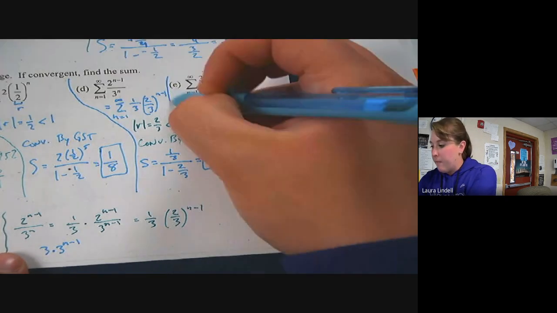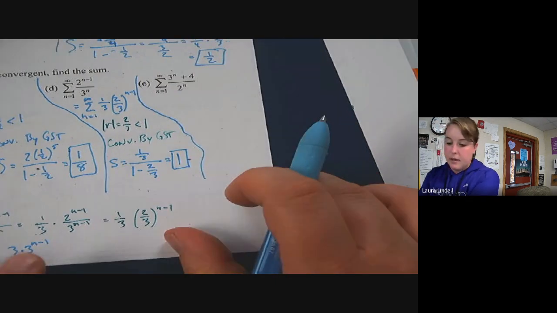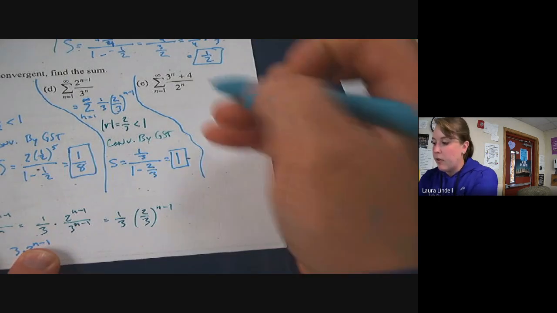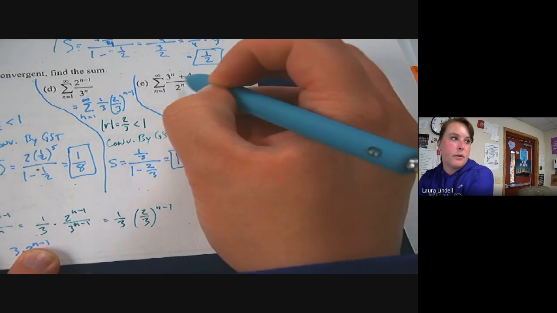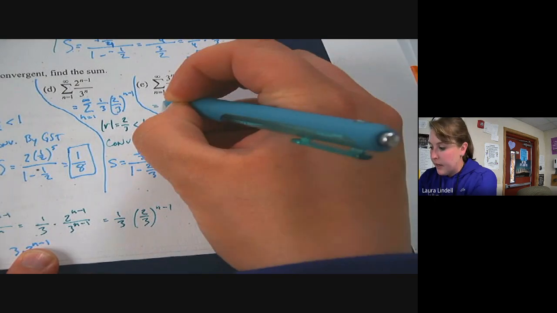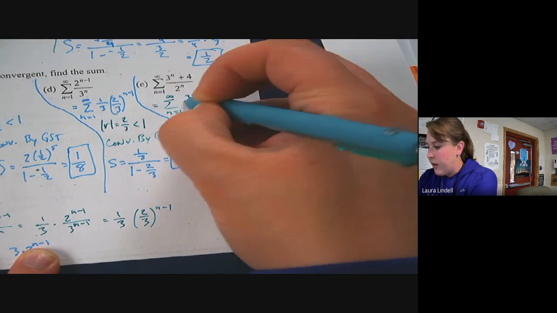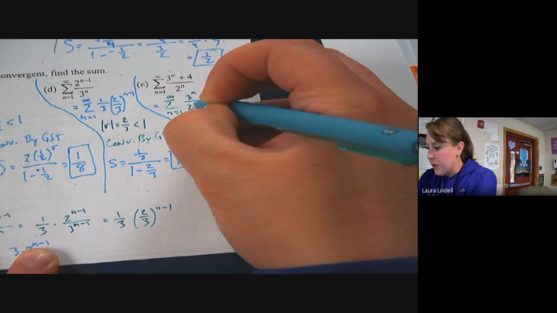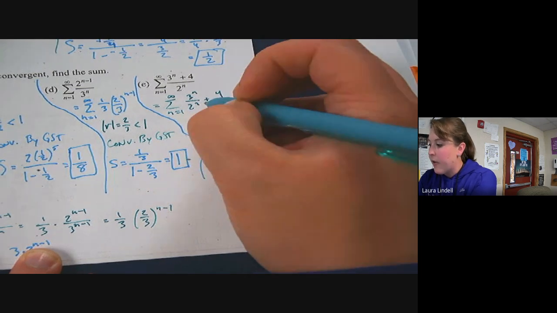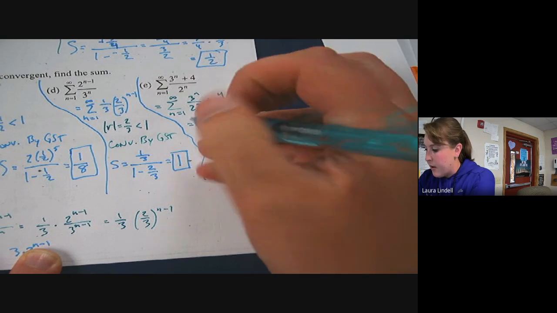All right, finally, E. What we want to do here is split this up. We've got a fraction, but we've also got addition in the numerator. So what we can do is split it. We have 3 to the n over 2 to the n plus 4 over 2 to the n, which we can then rewrite as 3/2 to the n plus 4 over 2 to the n.